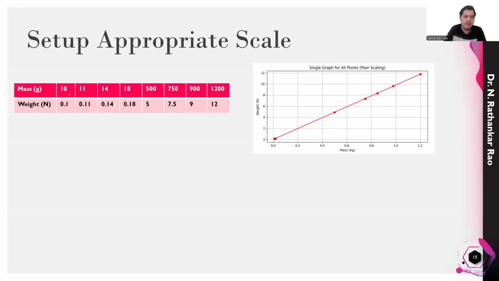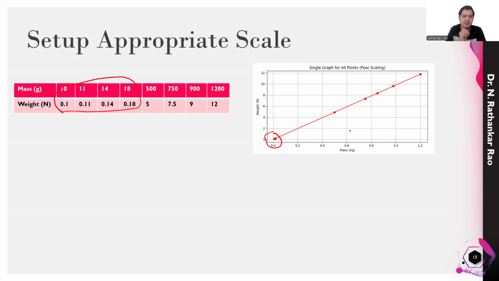Now, how many values are here? 1, 2, 3, 4, 5, 6, 7, 8. 8 values are here. But if you look at the graph, I am able to see 1 here, 2, 3, 4, 5, 6 over here. What is the reason? Because you see, these 4 values are being crunched together, which are present in this dot itself, right? Within 0.18. Okay. So therefore, these values are not observed here.